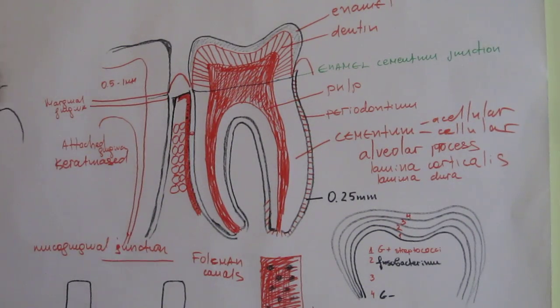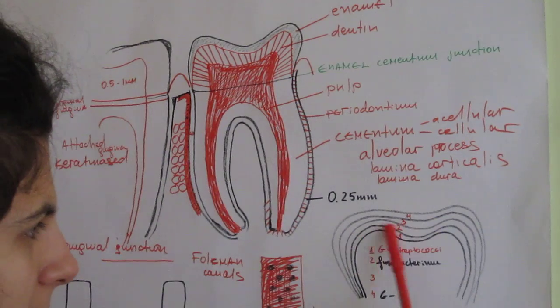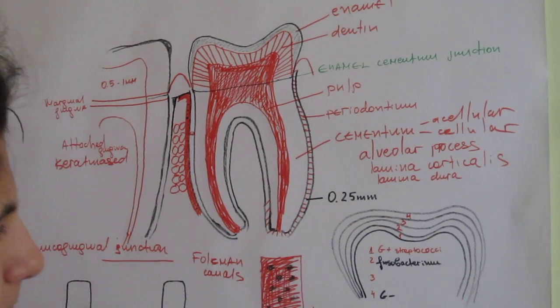In the first few days, like 2 to 4 days, with no oral care and no tooth brushing, we have the first layer here. This first layer consists mostly of gram-positive bacteria, streptococci, staphylococci, and so on, and they are aerobic. They use oxygen to live.